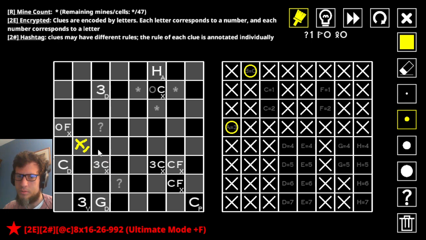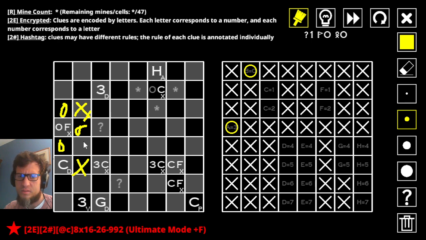Wait, no, but C might be 2, in which case you have 2 of those 3 as mines, and then all 3 of these are mines for the A, and then, I don't know. Maybe this is a problem. It would force this to happen. And now, I guess it forces this.